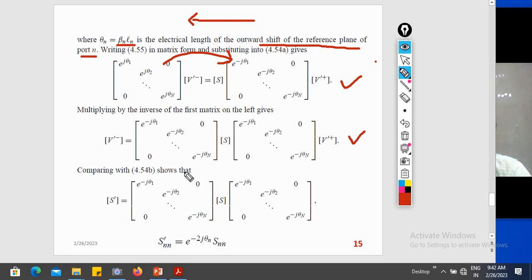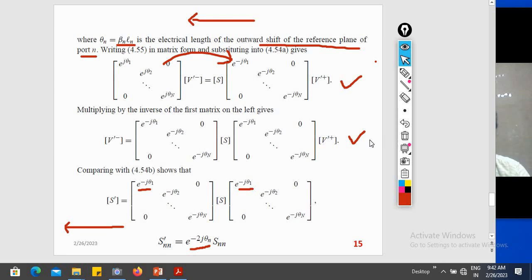If we compare these two equations, we get this, where S dash is given by e to the power minus 2j theta. One factor will come from here and one from here. So the primed quantity, which is at an outward plane, has a phase change, because e to the power j denotes only the phase. So the magnitude remains the same, there is only a change in the phase. That's what we can conclude.